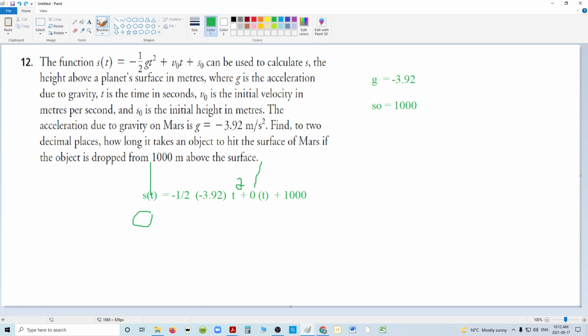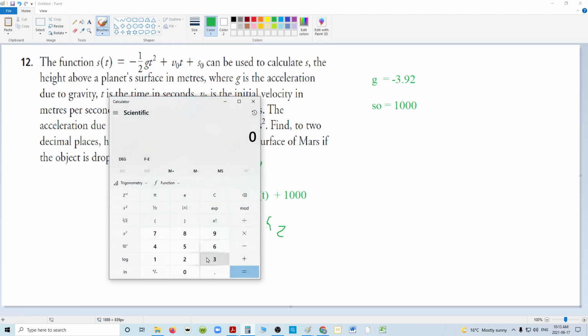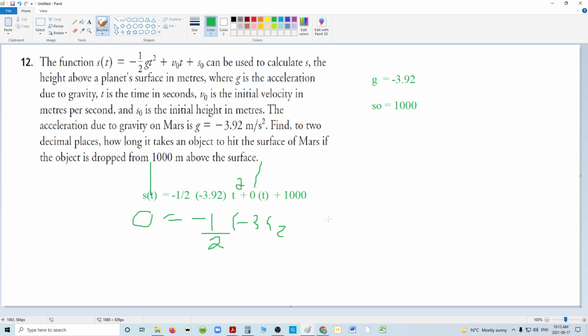So first of all, it wouldn't be terrible to multiply everything by 2 to get rid of that fraction. But instead, I'm just going to divide the 3.92 by negative 2, and multiply by negative 1. So it's going to become this. So really, we're dealing with this.